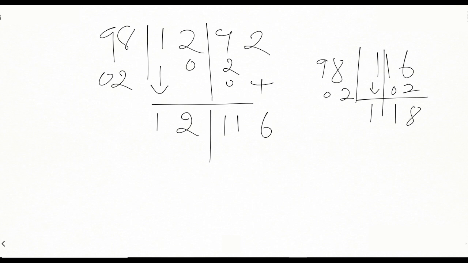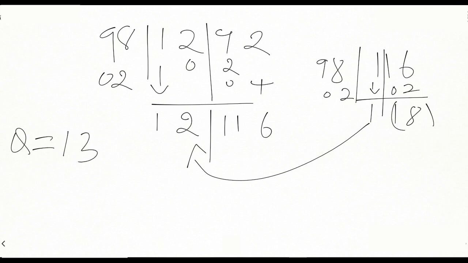So here 18 is the absolute remainder, and the 1 which we have in the quotient part will be added to the main quotient, that is 12. So the final answer will be quotient is equal to 13 and remainder is equal to 18.